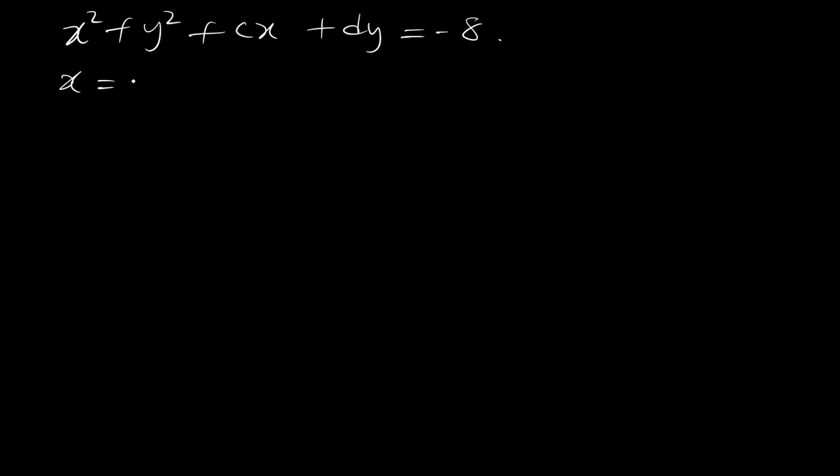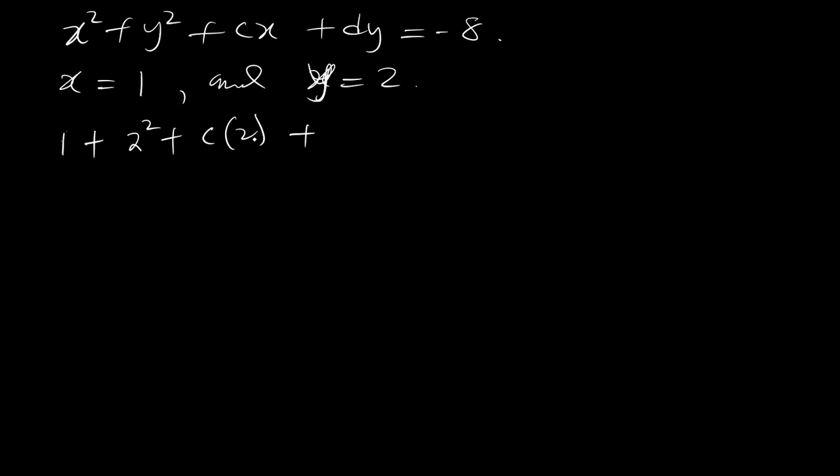So at x equal to 1 and y equal to 2, since this coordinate is part of this curve, we are going to have 1 plus 2 squared plus c times 1 plus d times 2 is equal to minus 8.